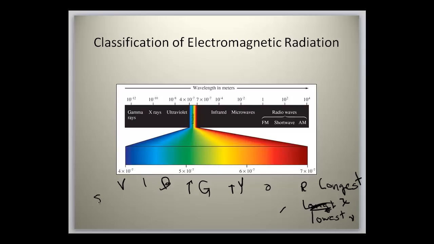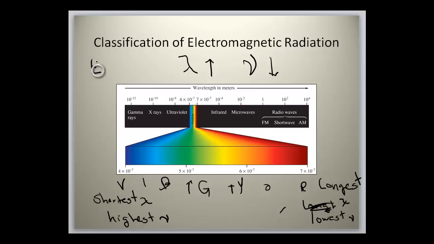Violet light has the shortest wavelength and the highest frequency. So as you look at the electromagnetic spectrum, you could say as wavelength increases, frequency decreases, and vice versa.